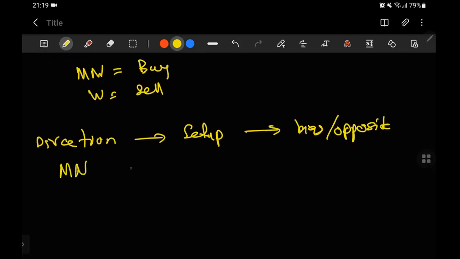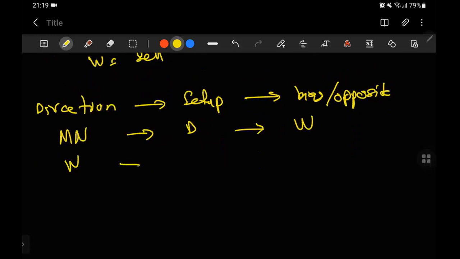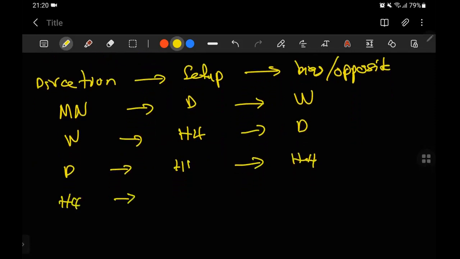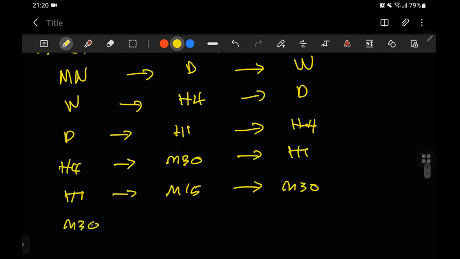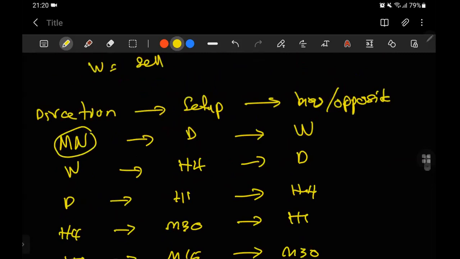If the direction is on the monthly, the setup will be on the daily, and the bias will be on the weekly. The same thing goes for the other time frames: weekly, H4, daily; H1, H4; M30, H1; H1, M15; M30, M5; M15, M1, M5. So let's say the direction is buy, monthly buy.